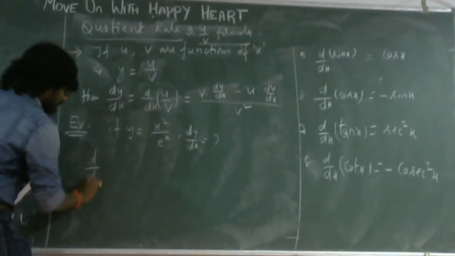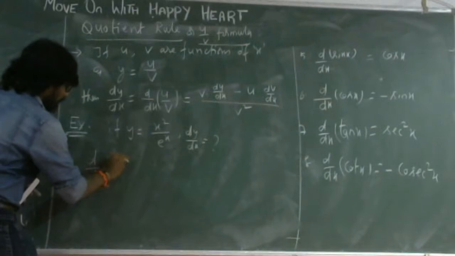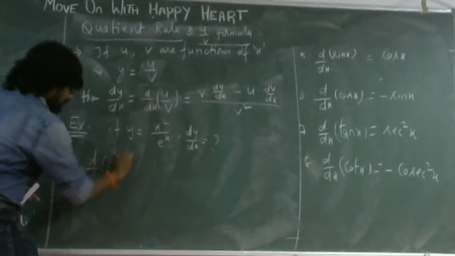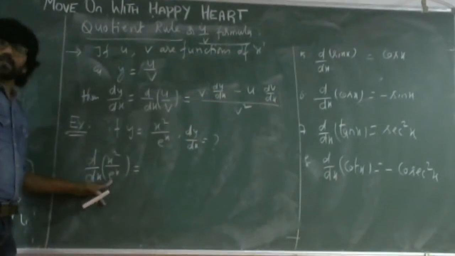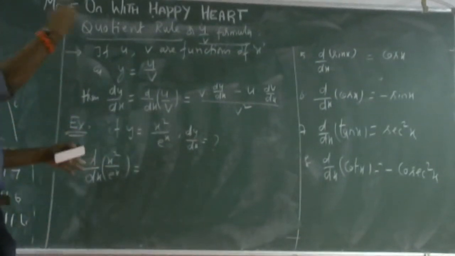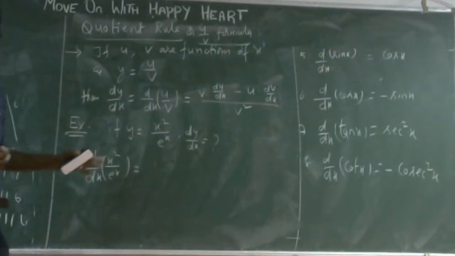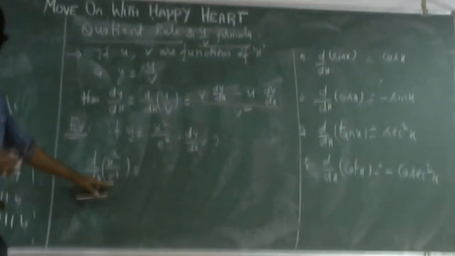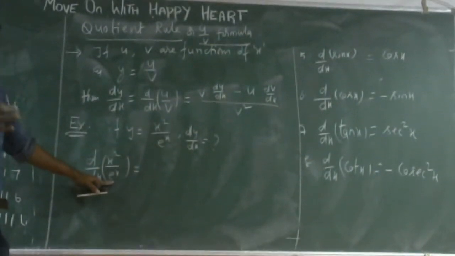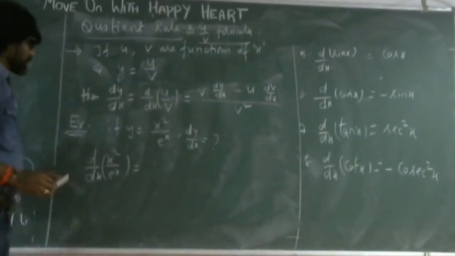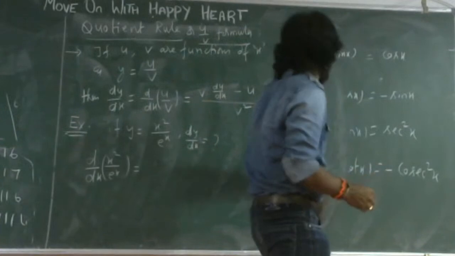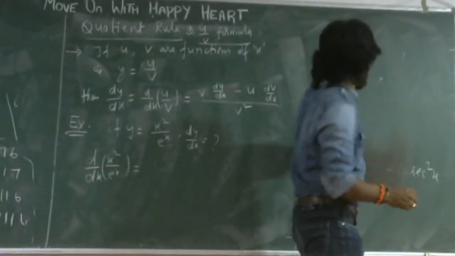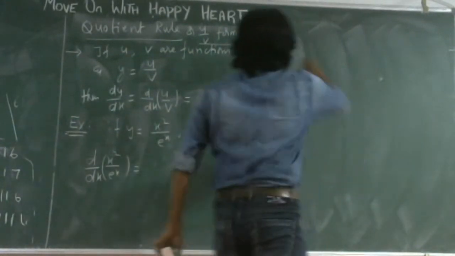Then d by dx of x square by e power x. Separately you can write, just like in the case of the uv formula, u equal to what, v equal to what, du by dx is what, dv by dx is what, then substitute in the formula. So let us write separately u, v, du by dx, dv by dx.